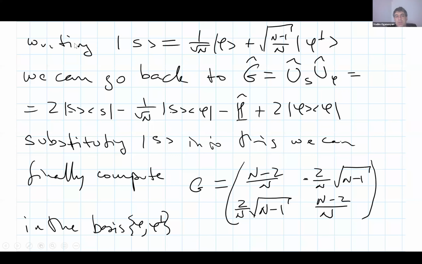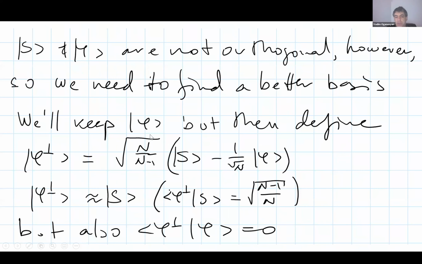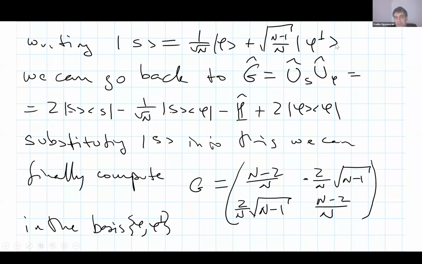All right. So now we can go back and we can invert the phi perp equation to get an equation for S in terms of phi and phi perp. And now we're basically done, because now if we go back to the Grover algorithm and get the unitary and expand it out, this is what I did here, right?